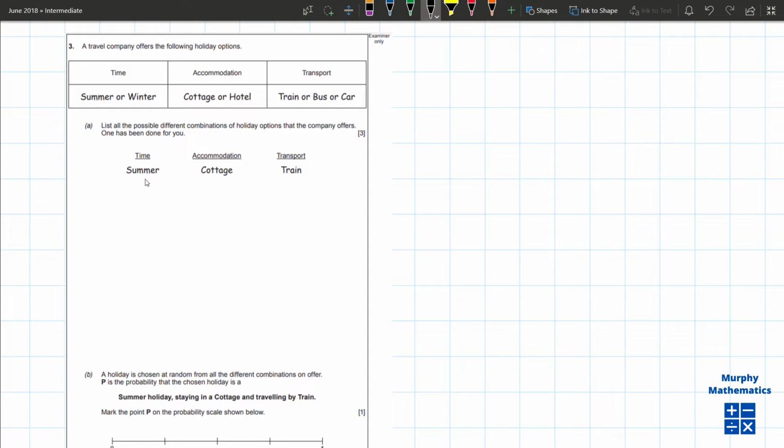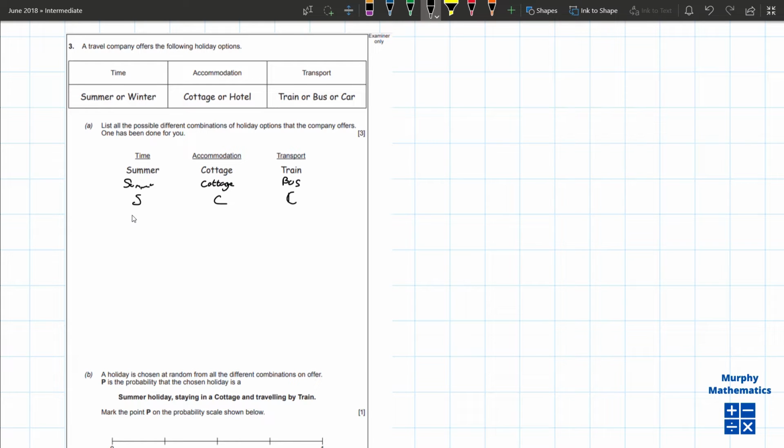So we can have summer, cottage, bus. I'm now going to shorten it by using the first letter. Summer, cottage, train and bus have been done, so car.